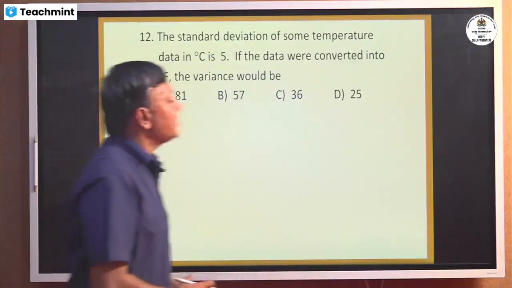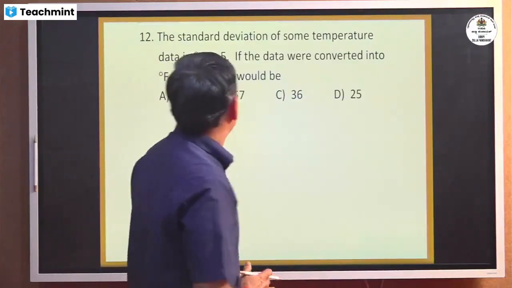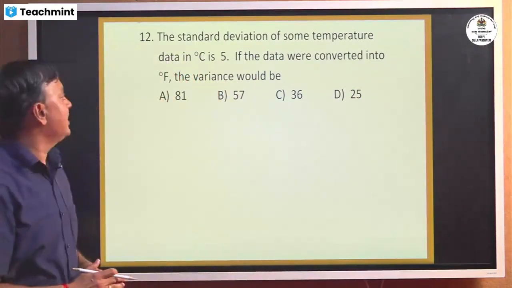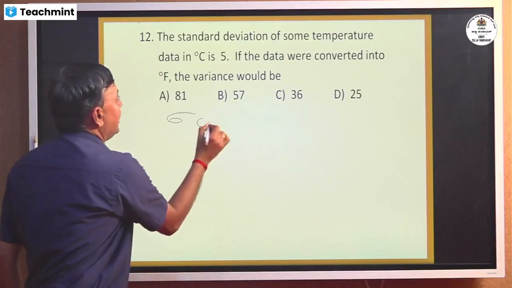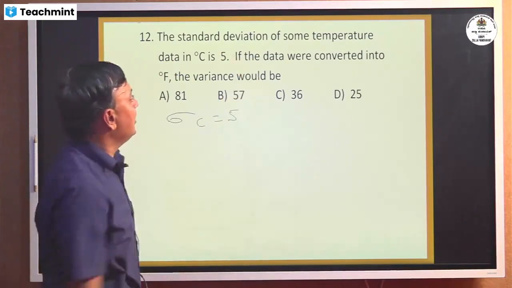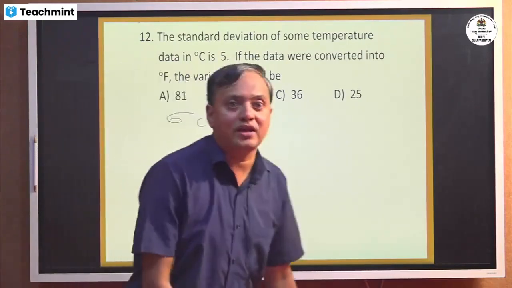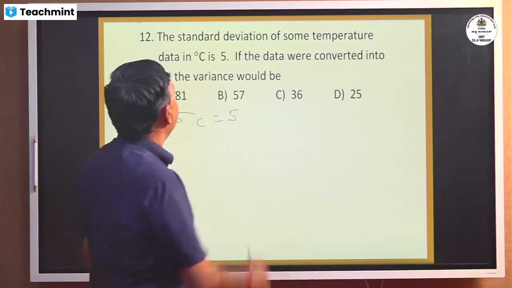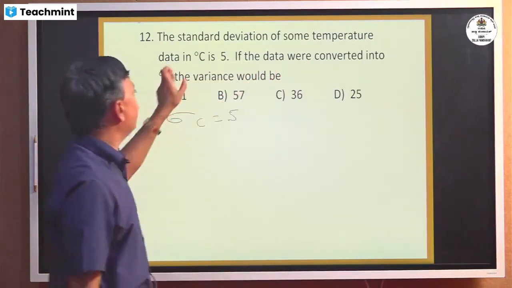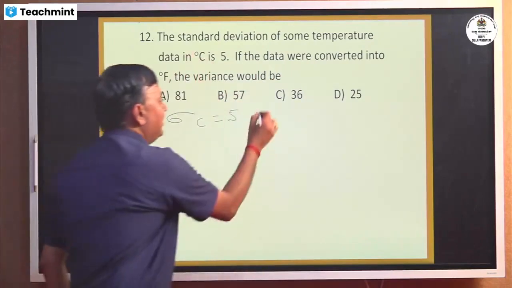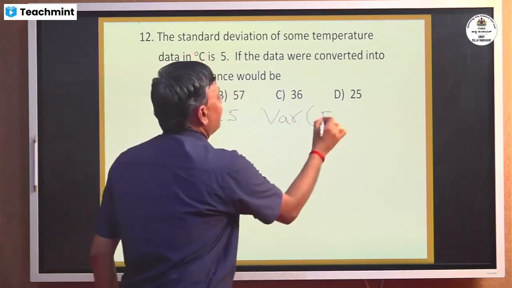Next question: the standard deviation of some temperature data in degrees Celsius is 5. The standard deviation of C is 5. If the data were converted into Fahrenheit, then we want the variance of Fahrenheit.